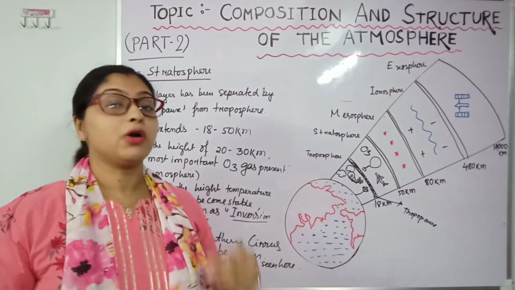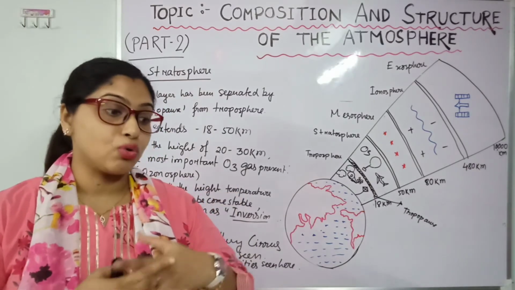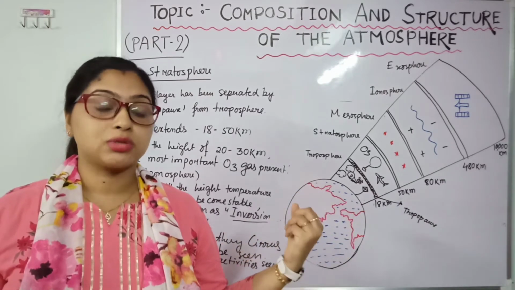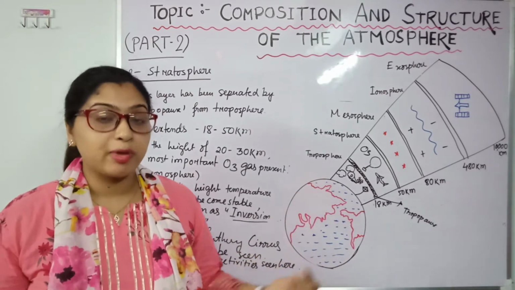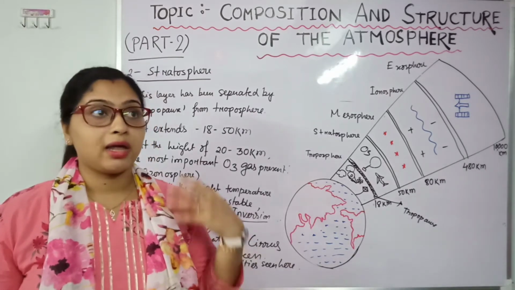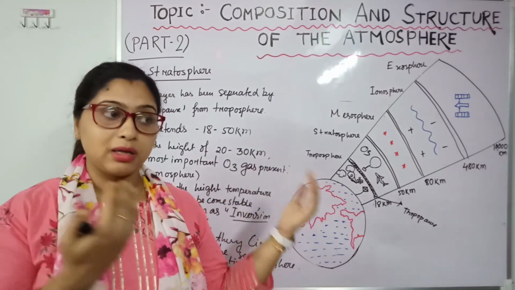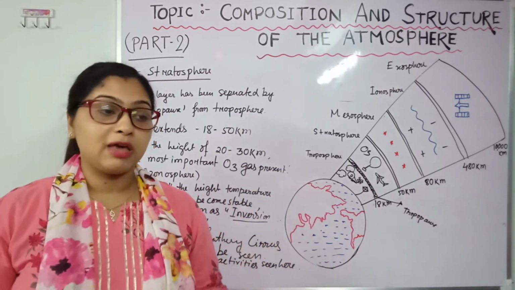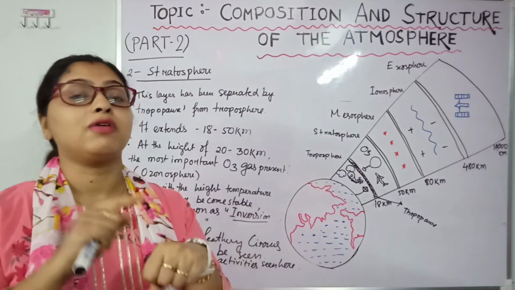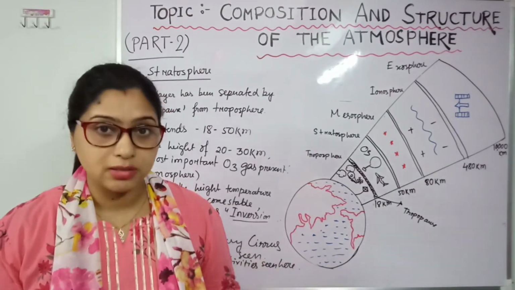If this layer were not there, the ultraviolet rays could totally destroy living beings, and even the aquatic ecosystem can be damaged. It can cause blindness in animals or human beings, and it directly attacks the melanin layer of our skin and can cause skin cancer.